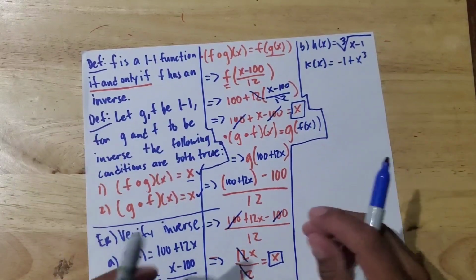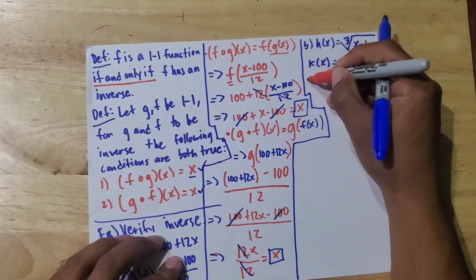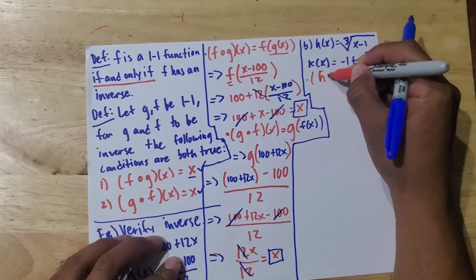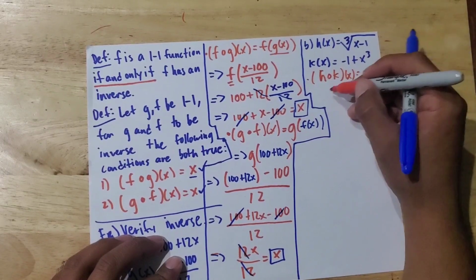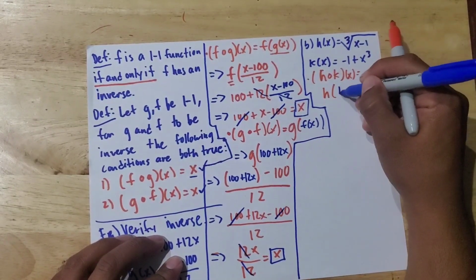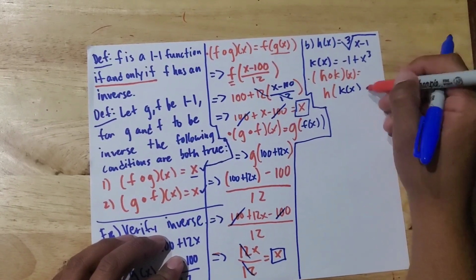So again, I have to check in both directions. So the first direction I'm going to do is h of k of x, which just means you're going to plug k of x into h.